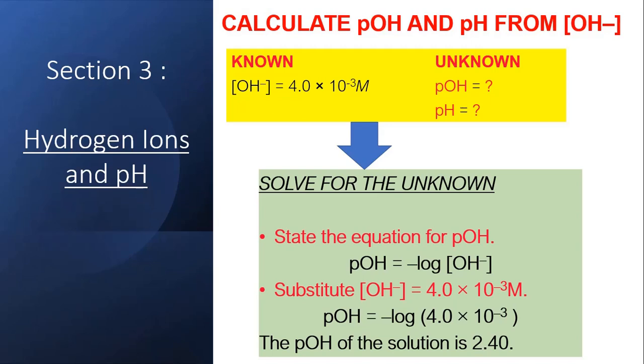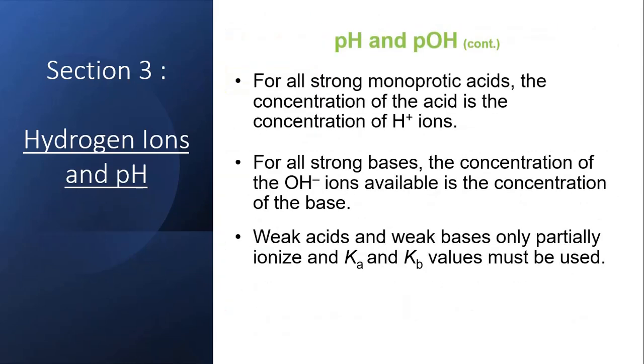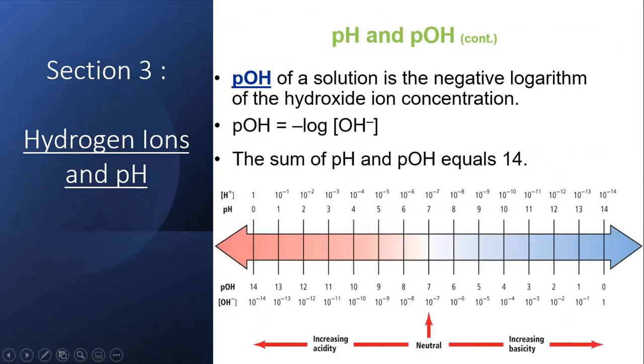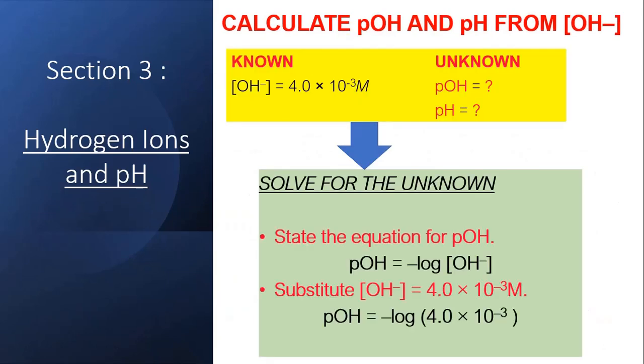If pOH equals 2.4, I will go back with you to this sentence. We said the sum of pH and pOH equals 14. So if you have pH plus pOH, they both will be 14 at any point on that scale.